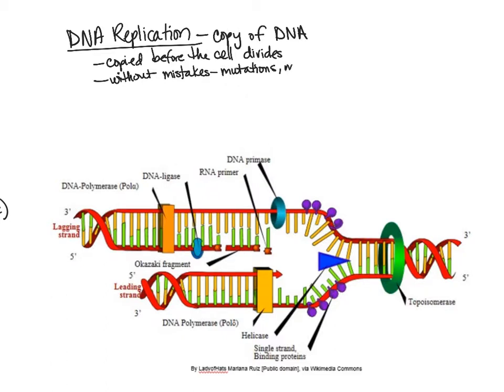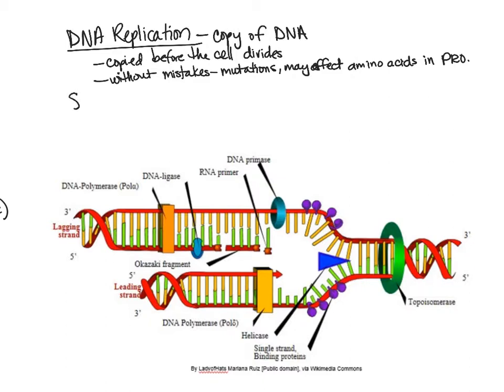And that may affect the amino acids in the protein. And if it affects the amino acids in the protein, remember, when we talk about proteins, that can affect the folding, and if it affects the folding, then it can affect the shape of the protein, and if it's not the same shape, then it won't function the same way.